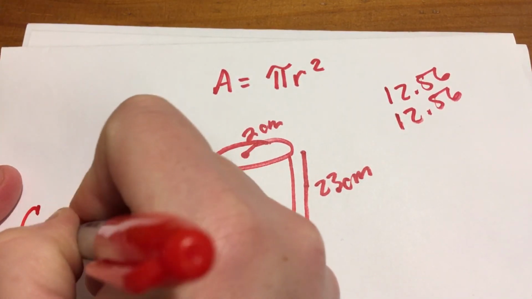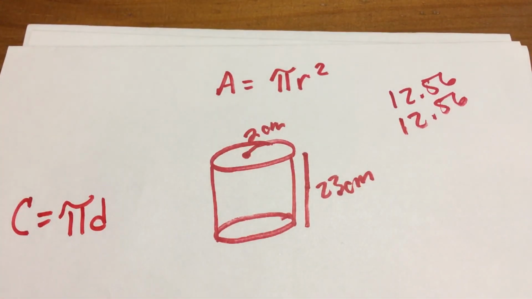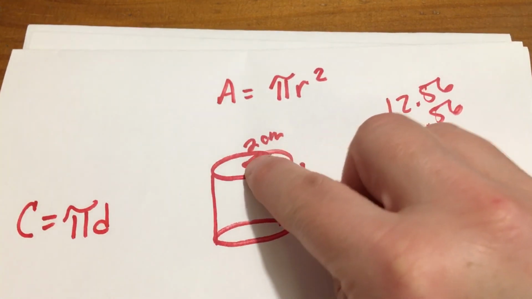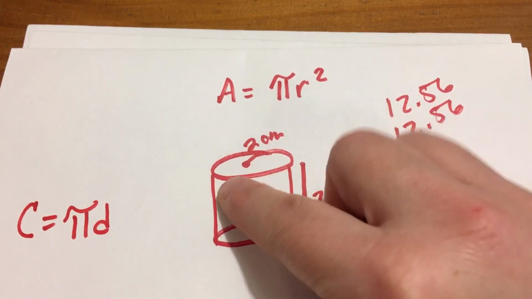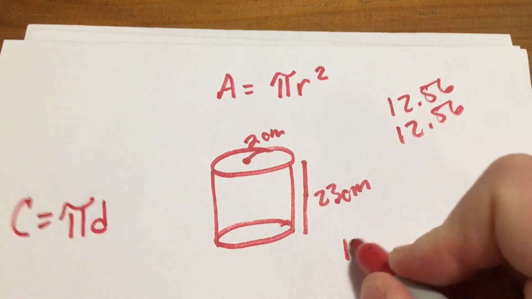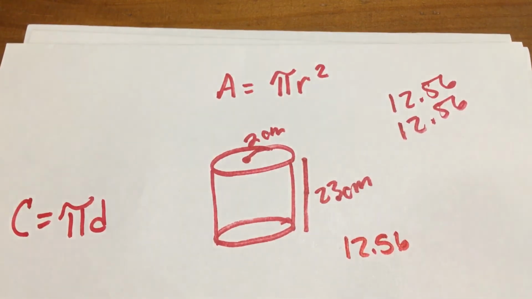Circumference is pi times d. Pi times diameter. So we have 3.14 for pi, and what's the diameter? Well, if the radius is 2, the diameter is double that, so it's 4. Times that by 4. Our circumference is 12.56.